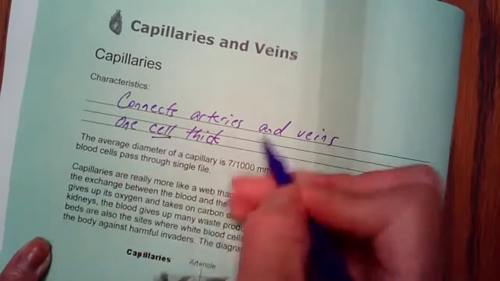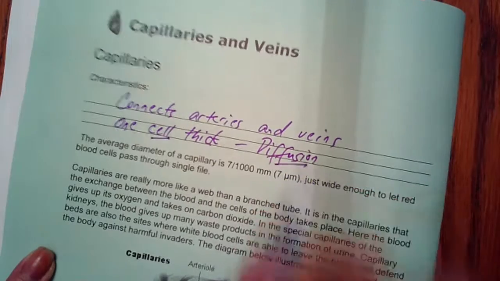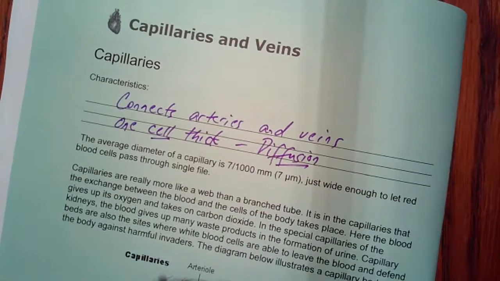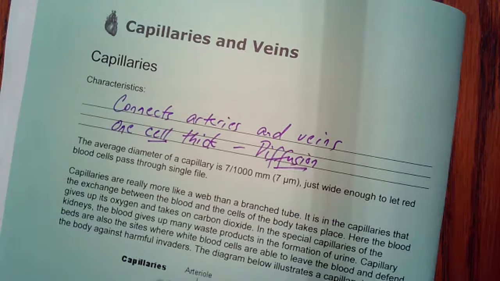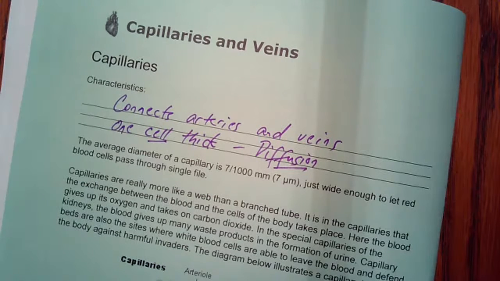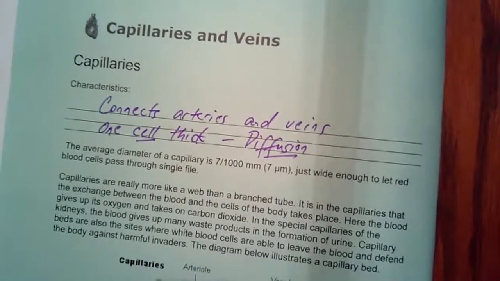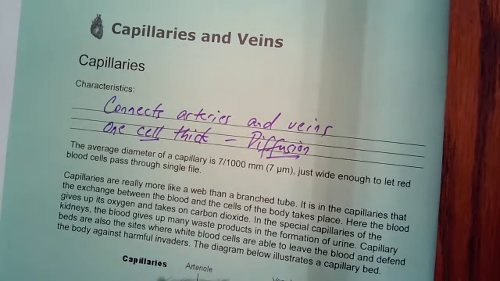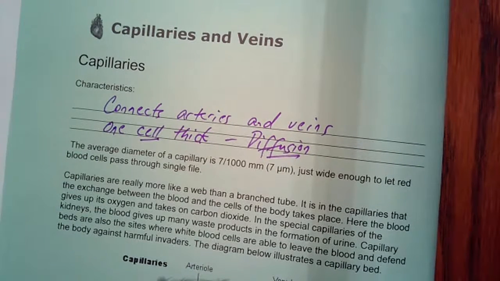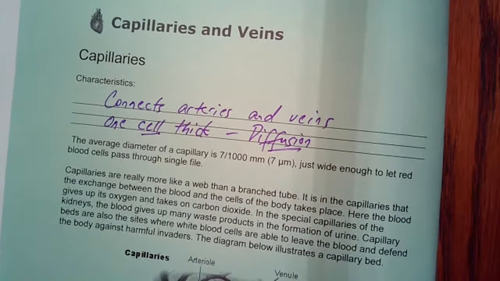So one cell thick allows diffusion of particles. So this is where the gases are diffused, oxygen going into the cells and the cells returning the gas, the carbon dioxide, back into the heart to be pumped into the lungs. Very, very small, very thin. So we have about 100,000 kilometers of capillaries in our body. They're so numerous.